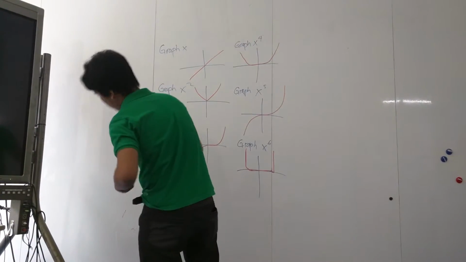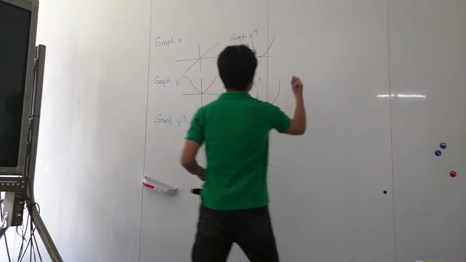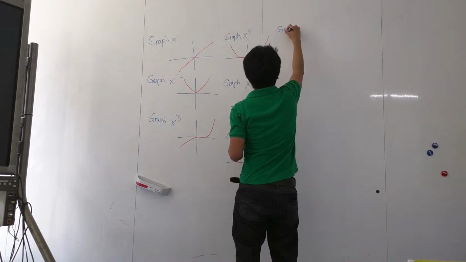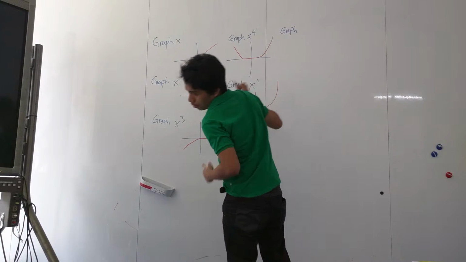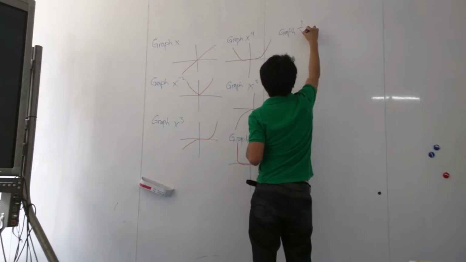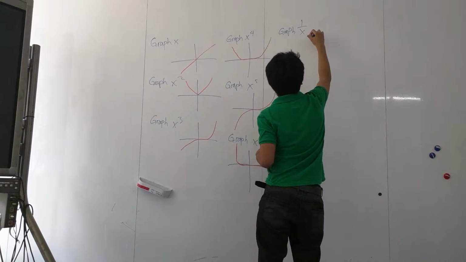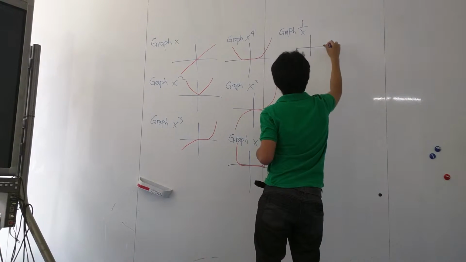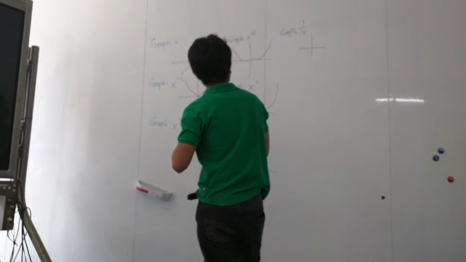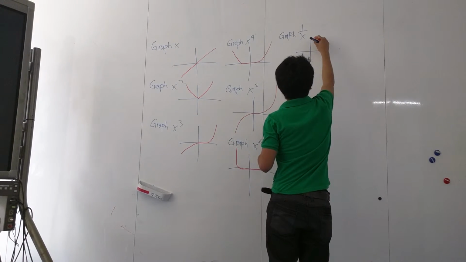And we have the graph of 1 divided by x, which should be like this.